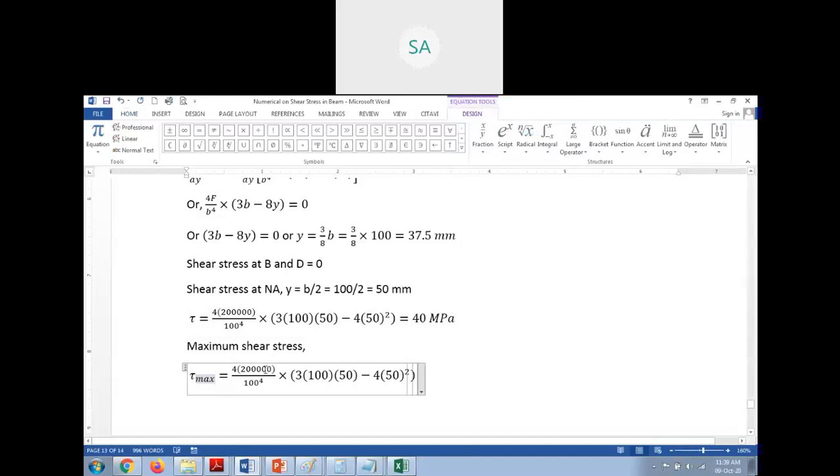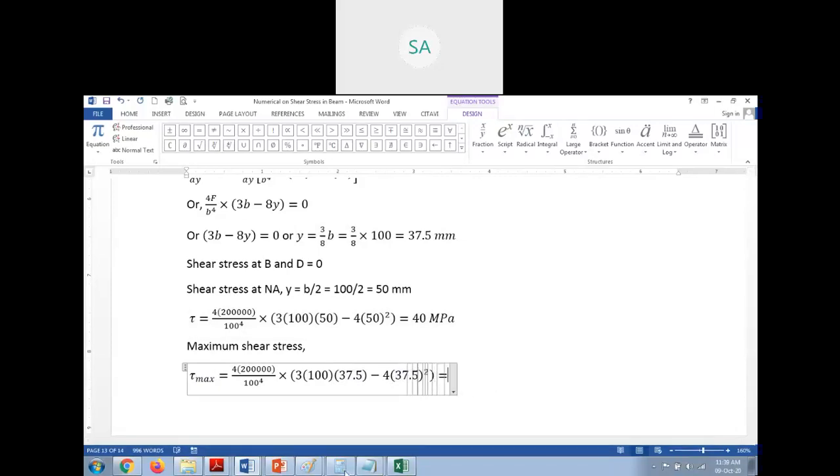This will remain same, 3b, y value will be 37.5, and here also it is 37.5.